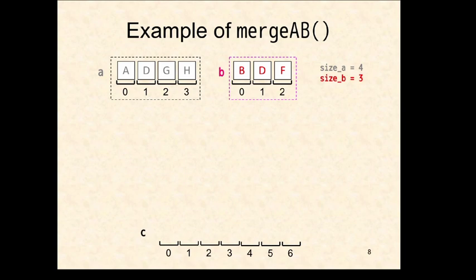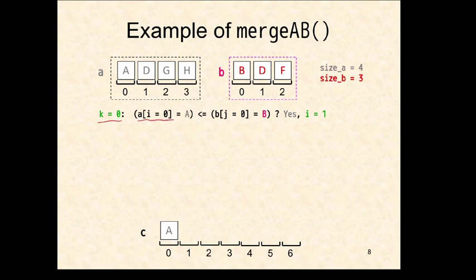Okay, so in this example, we've got 2 different sizes, and let's go through this animated slide. When k is equal to 0, and we know that i and j started out at 0, it says, is A sub i less than or equal to B sub j? And then we've got all of these expressions in here to show you what they are.